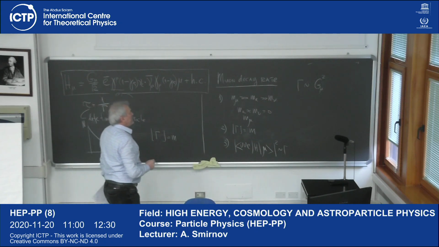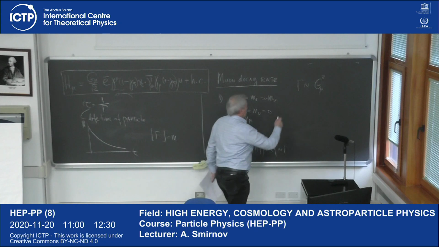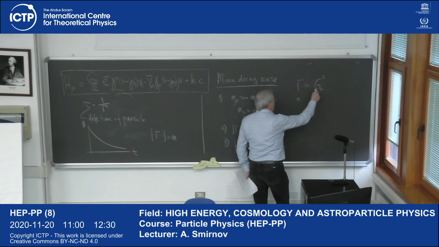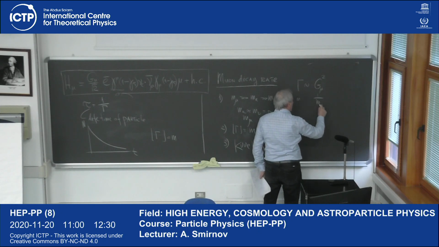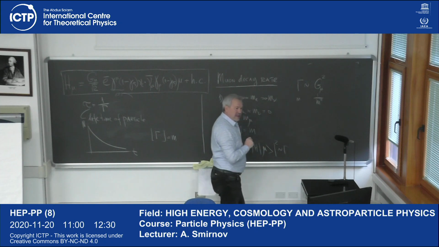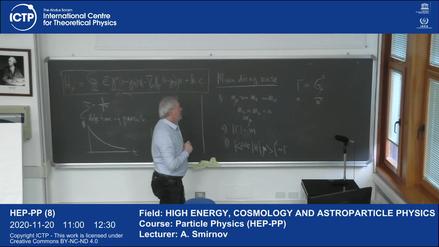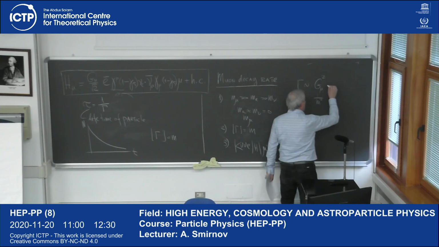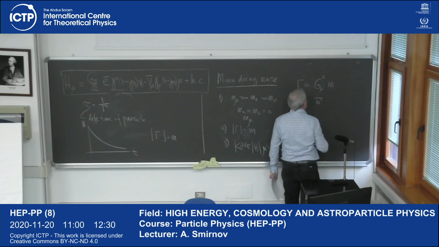Now, the dimensions are the following. Gamma is mass, and G mu squared is 1 over the mass to the 4th power. We did this counting for beta decay. Therefore, to satisfy dimensions, we need to write mass to the 5th power.